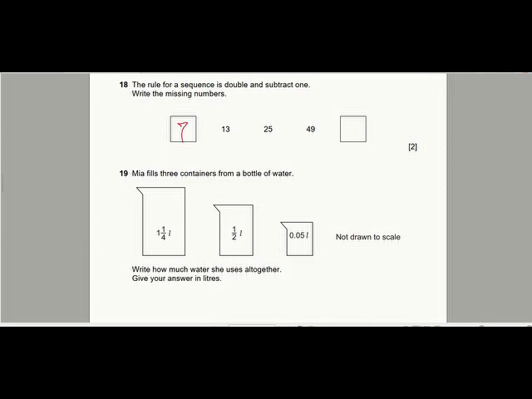Now, what is the double of 49? 49 times 2. So we have 80, 96, 98. Sorry, 98. Minus 1, 97. And that will be how I have to complete this.